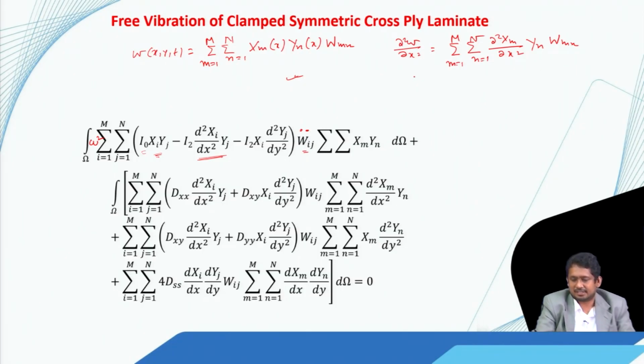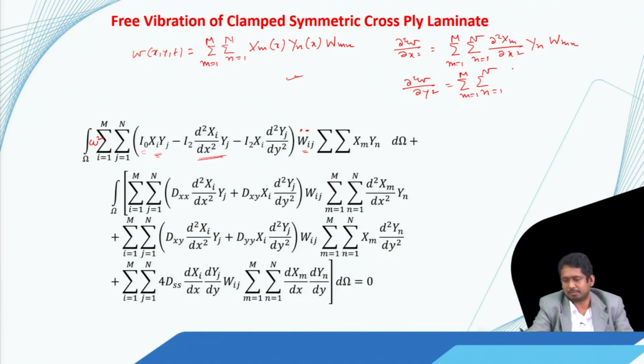We have seen this in the last week also, and accordingly we can do del 2 w by del y 2, summation n equal to 1 to N, m equal to 1 to M, and we can write X_m multiplied by del 2 Y_n by del y 2 into W_mn.